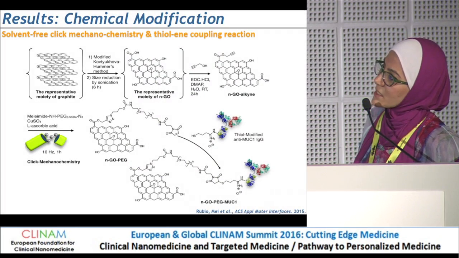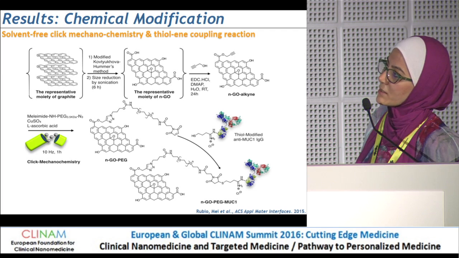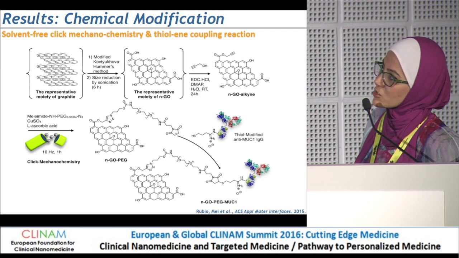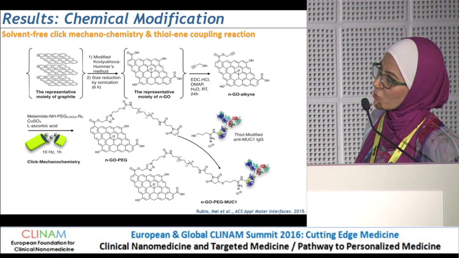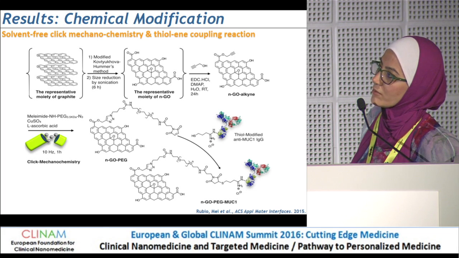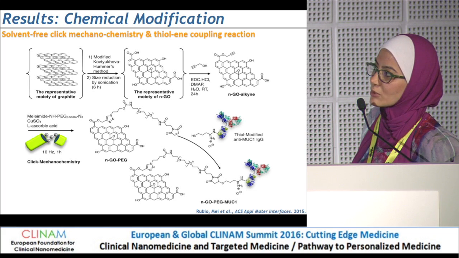This is the chemical scheme summarizing the production of the graphene oxide, and here we can get the material at the gram level. We established a protocol from the Hummers method where we don't have issues with the scale of the material. And that's just a representative image showing the functionalities that you have on graphene oxide. Here we call them nanographene oxide because we reduce the size by sonication.